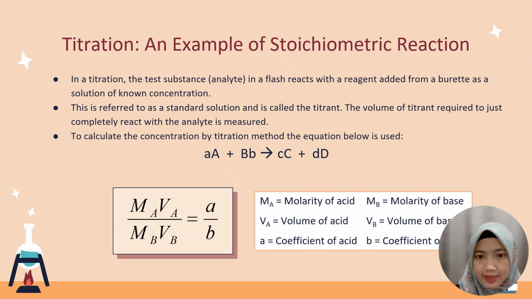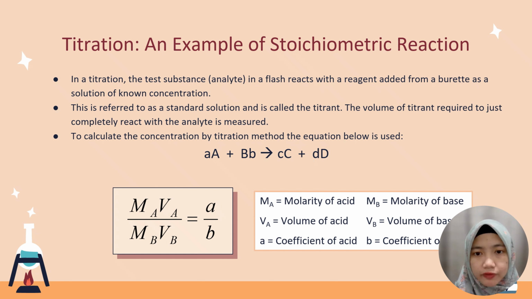So A is acid, B is base, C is salt, D is water, for example. So in the balanced equation, there will be coefficients. From a balanced chemical equation, you can know the value of the coefficients. The coefficients are represented by the a, b, c, and d here.